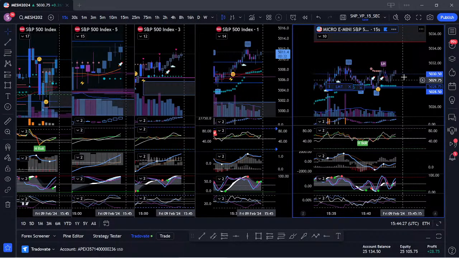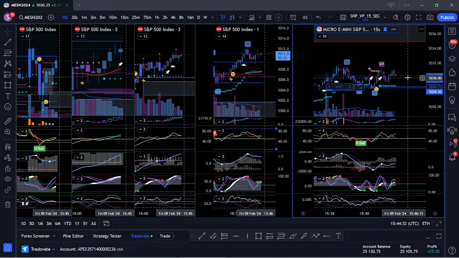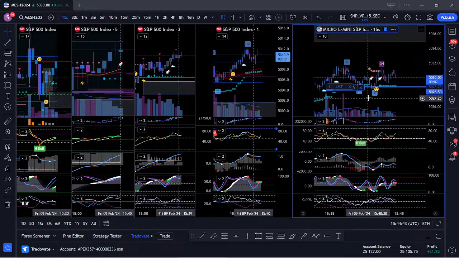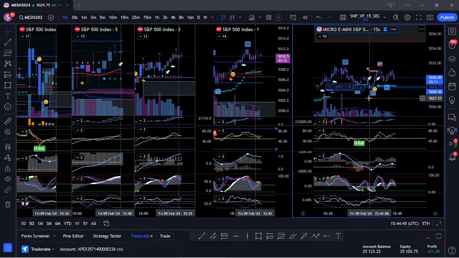See, from $1 to $1, if we count from here, 25, 50, 75, 1. See, 4 ticks. Each 4 ticks is $1. That's how it's calculated in futures.